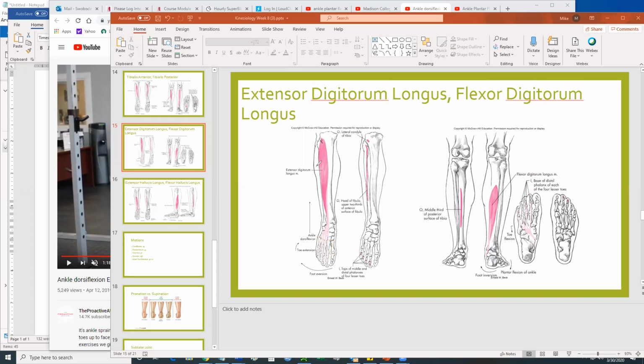Remember that your toes, just like your fingers, are numbered. So number 1 is your big toe. Number 5 is your pinky toe. Anything that says digitorum moves toes 2 to 5. So index to pinky.